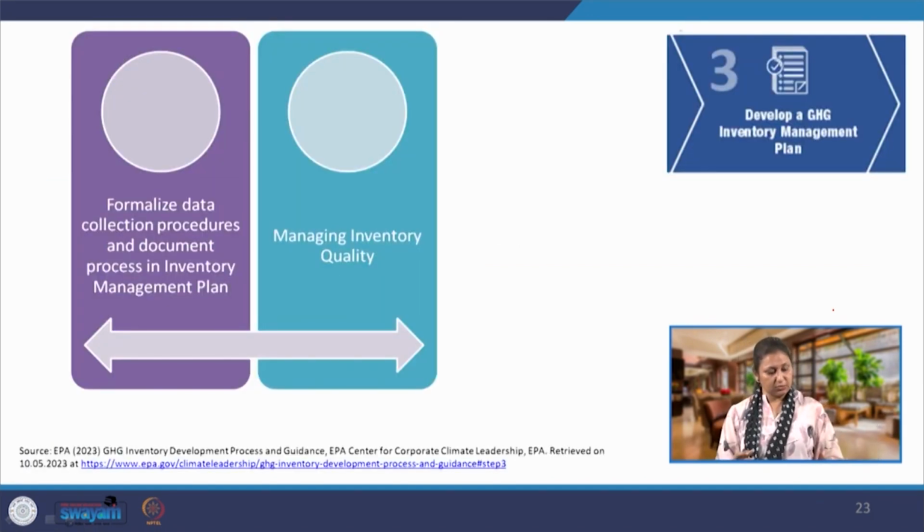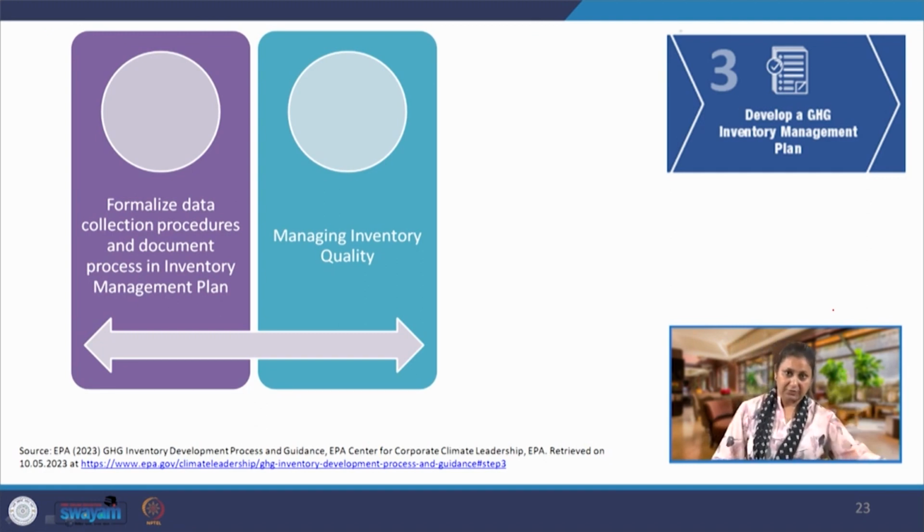How to really do it, that we have to formalize data collection procedures. So, we have to know how to collect the data, what to collect, and then we process it, we document it. So, here we are talking about the inventory management plan.